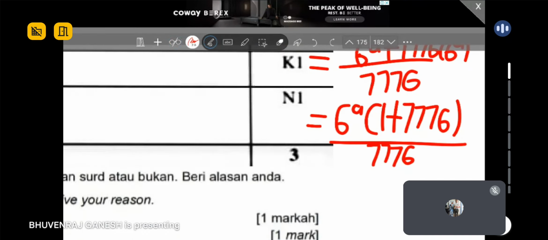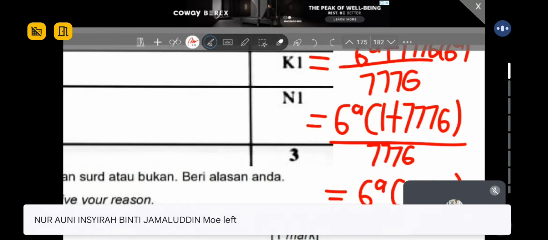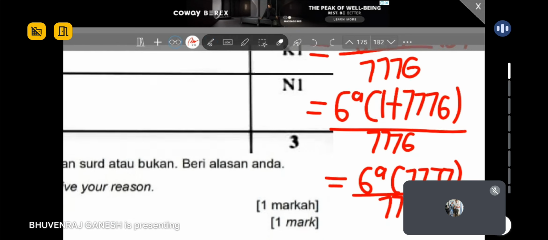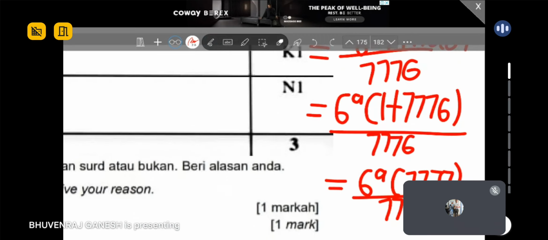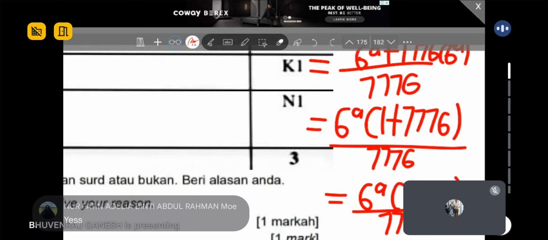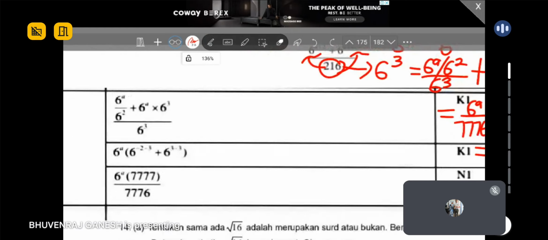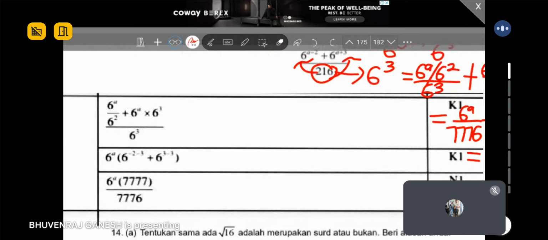So now, final answer, jawapan akhir, you will get like this. Am I right? So do you guys understand macam mana buat soalan ni? So this is your final answer. You cannot simplify some more. Tak boleh permudahkan lagi dah. So kena henti kat sini. Alright? So this is how you will get the marks. 3 markah. 3 marks. Boleh kan? Can, right?